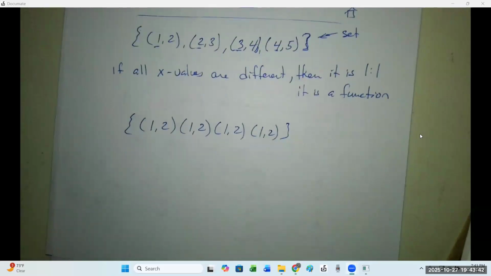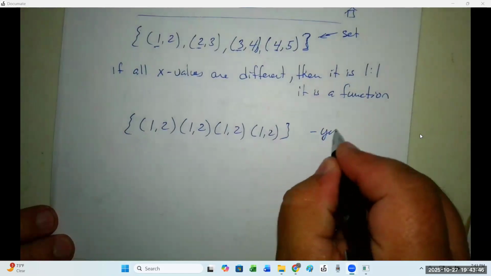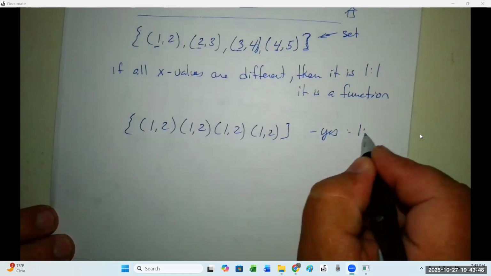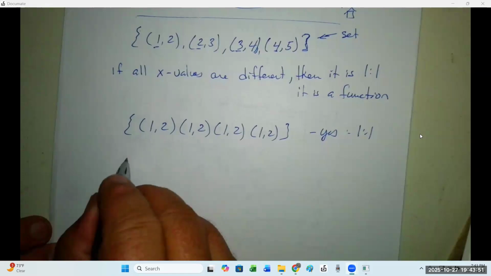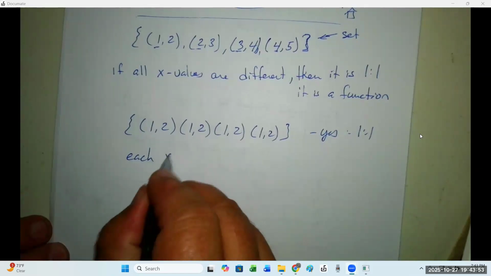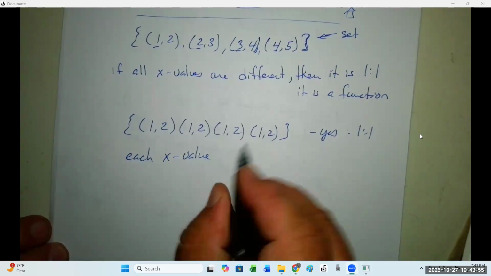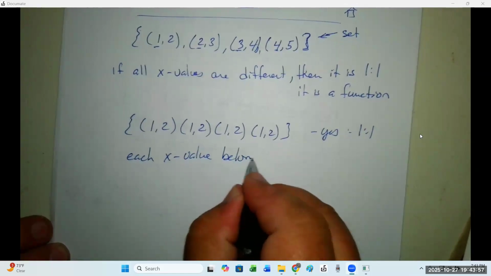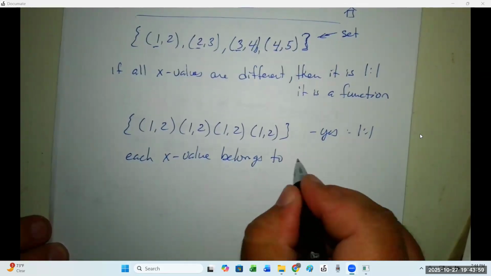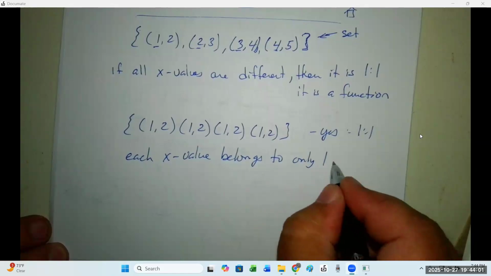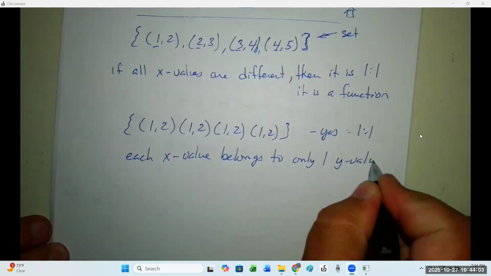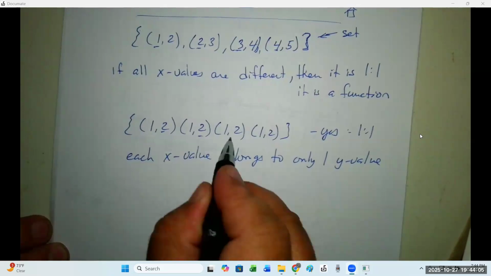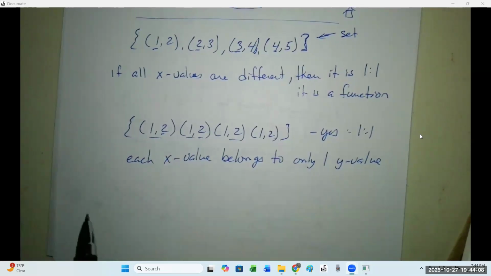Is this one-to-one? Yes, it is one-to-one because each x value belongs to only one y value. They're all the same. These are all the same points.